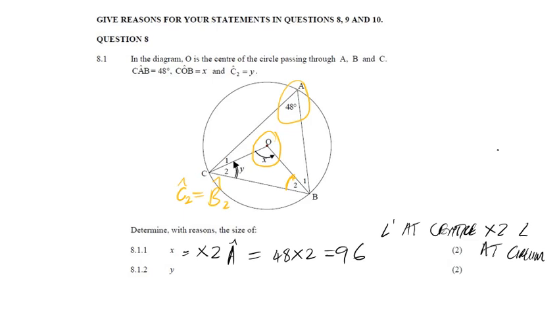The angles of a triangle add up to 180, and the opposite angles are equal. Then there is your chord. So angle y, which is C2, is the same as that angle B2. So you already know what is x.